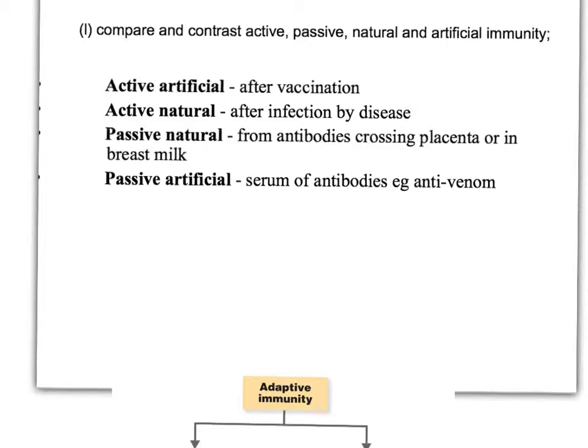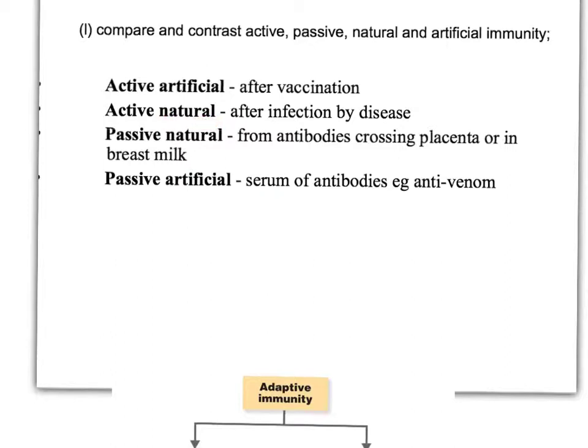So the chickenpox example that I gave you: the first time you get chickenpox, you get one of those primary responses, create those memory cells, and then you're immune to chickenpox thereafter. Because you've got those memory cells which have built up in your circulatory system and your lymphatic system, which will be able to recognize any subsequent infections of chickenpox and therefore make you immune to it.